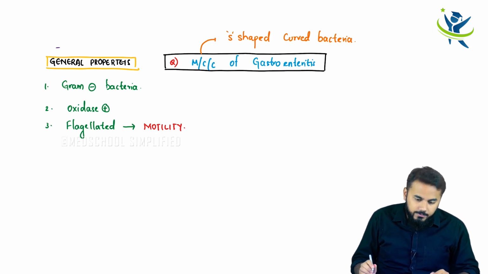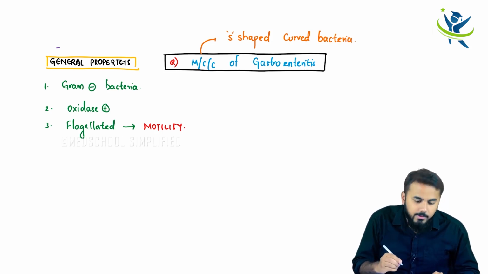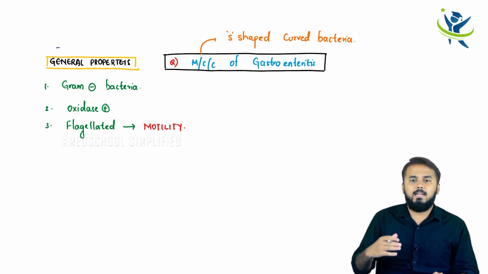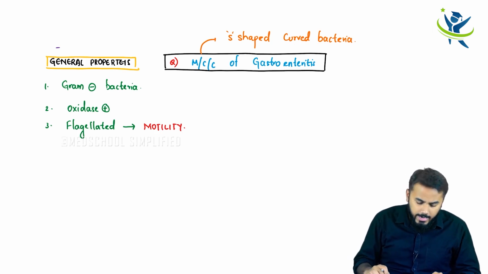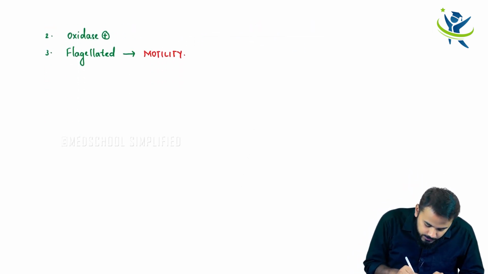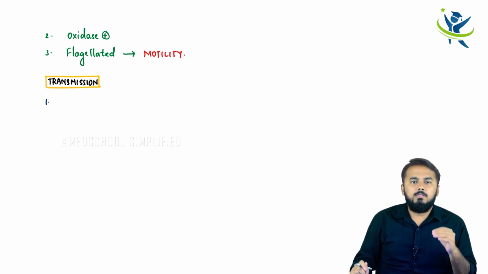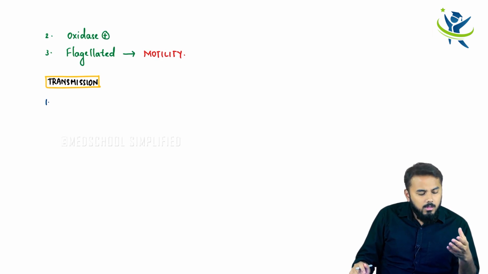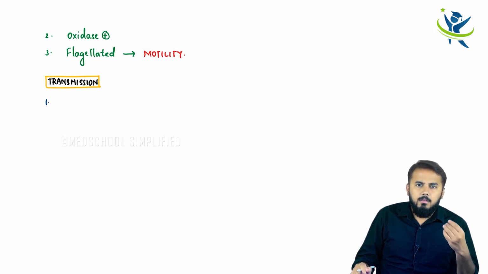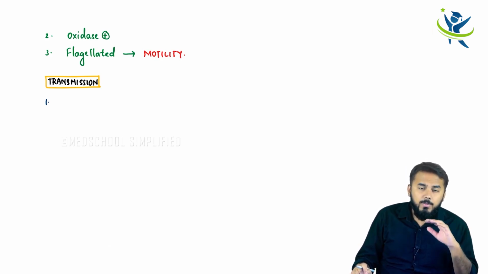Now, another important thing you need to understand is how this bacteria is transmitted to you. So let us discuss the transmission of this bacteria. All of you have to know the transmission way is when you are drinking milk, what type of milk?